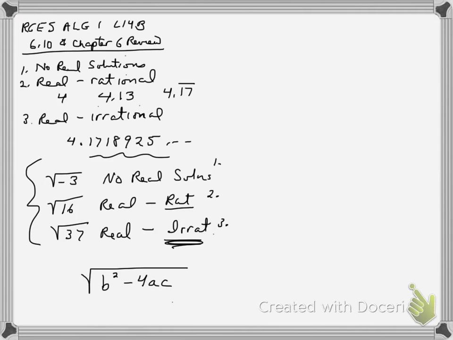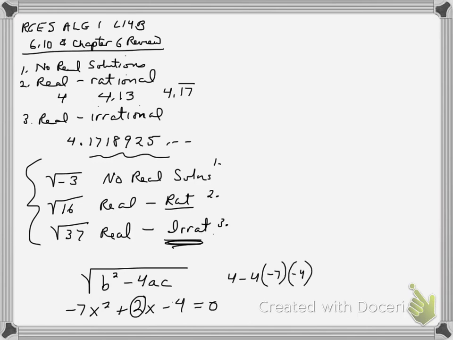So if you had, for instance, negative 7x squared plus 2x minus 4 equals 0, you pick up your b. 2 squared is 4, minus 4 times a times c.